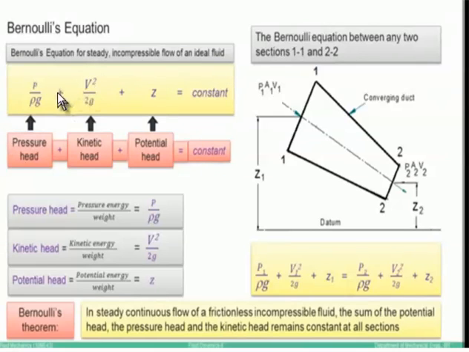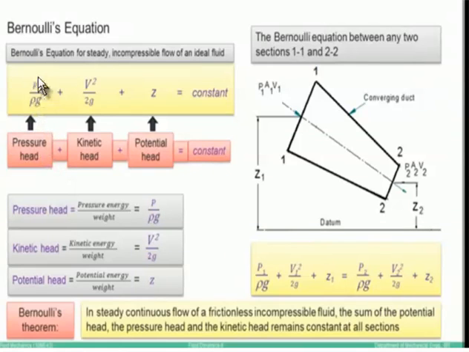Which terms does it include? This equation has the pressure head, kinetic head and potential head, and the sum of all these three heads is equal to constant. We will take them one by one. The pressure head is pressure energy divided by weight, given by P by rho g.